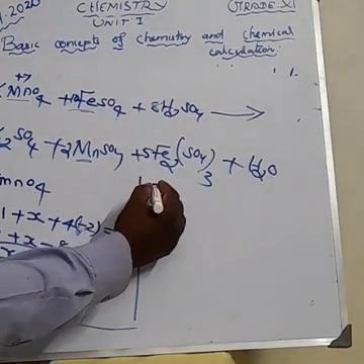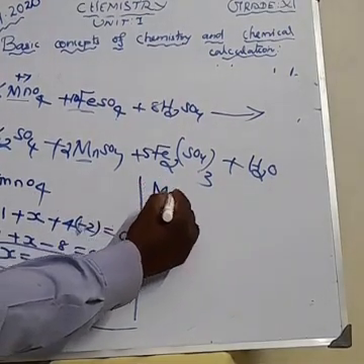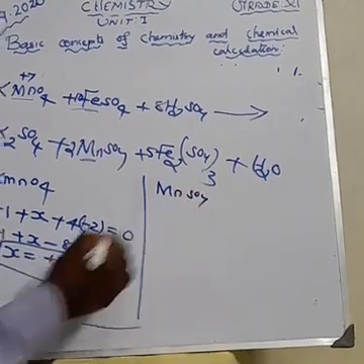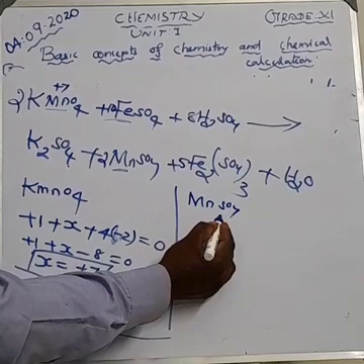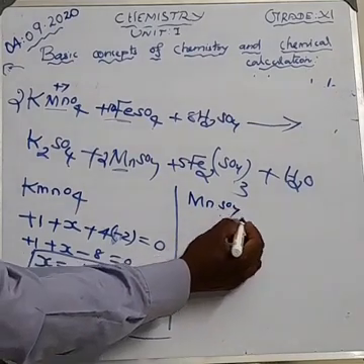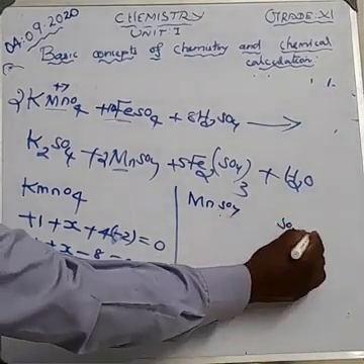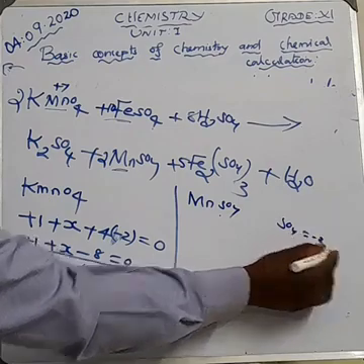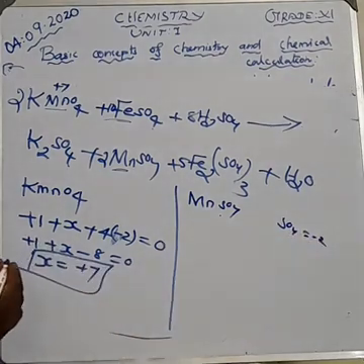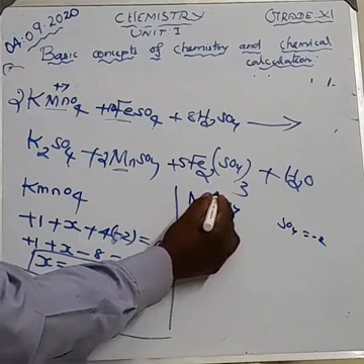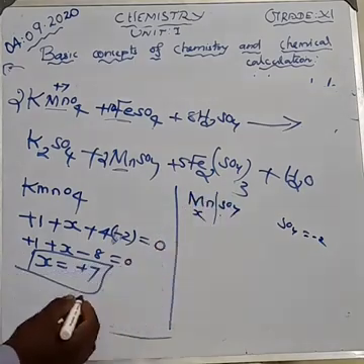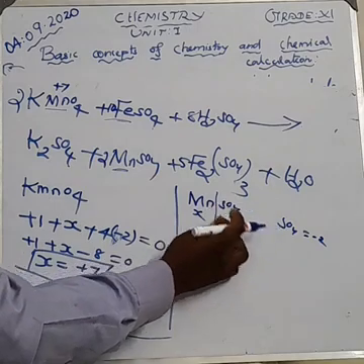Next, manganese sulfate, MnSO4. Okay, here the sulfate ion, SO4, is equal to what? Minus 2. Here, minus 2. And Mn you should take as X. Here, this is a neutral compound.